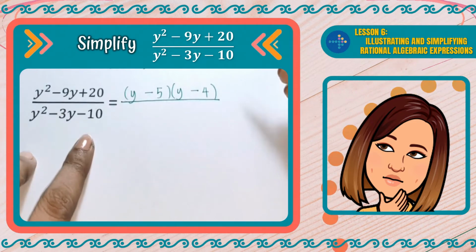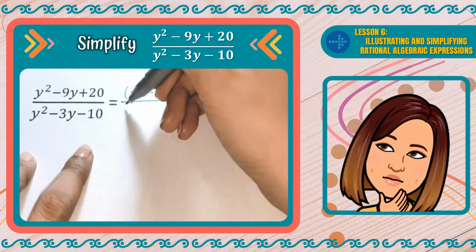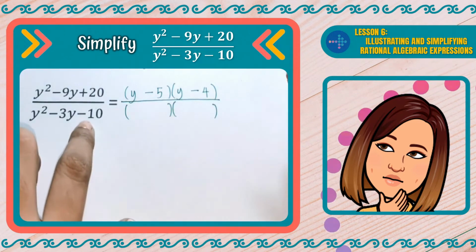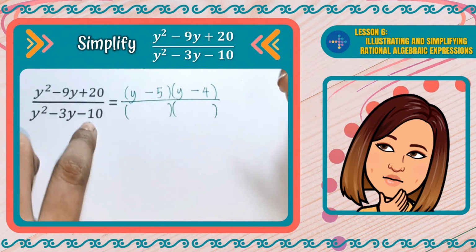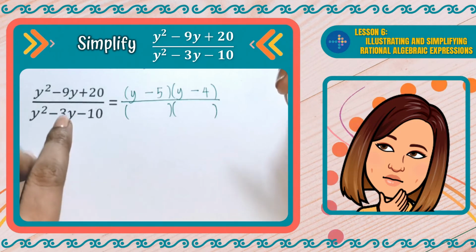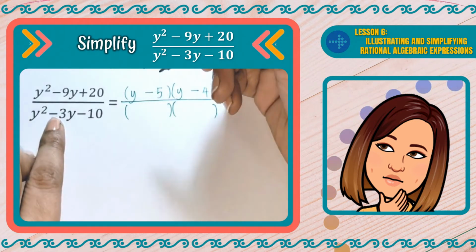So, trinomial again. And hindi rin siya PST, therefore general trinomial. So, magkaibang binomial yung factors niya. So, yung last term natin ay negative, therefore magkaiba sila ng sign. Isang positive, isang negative. Then, yung bigger number ay negative since yung middle term natin ay negative.